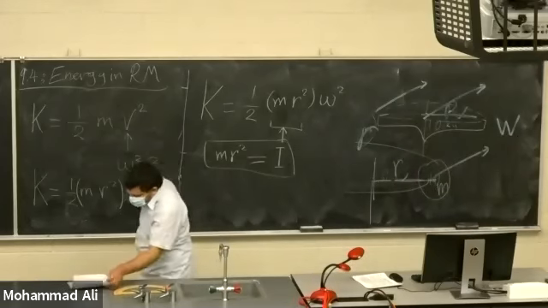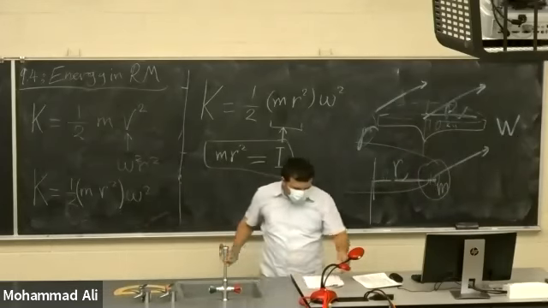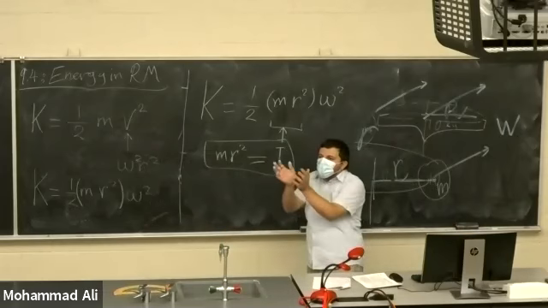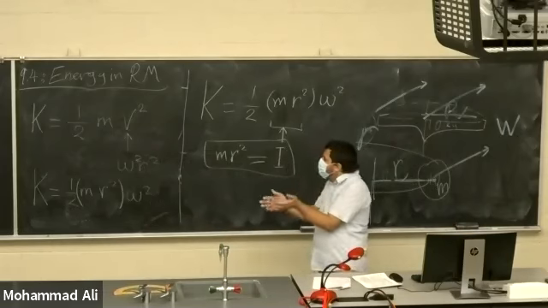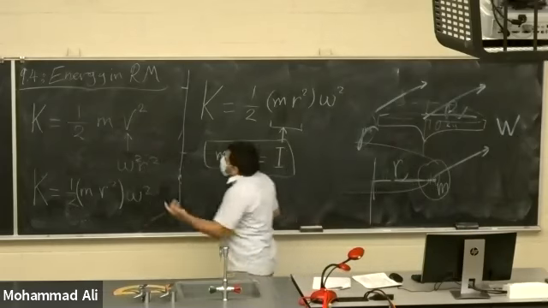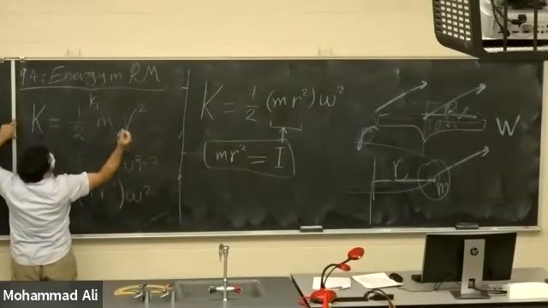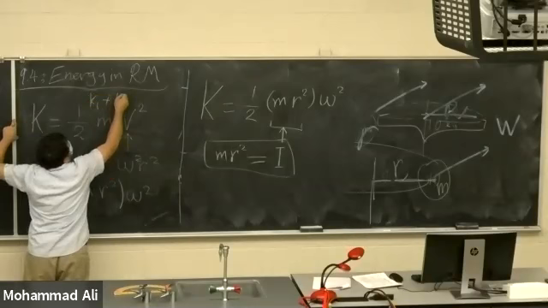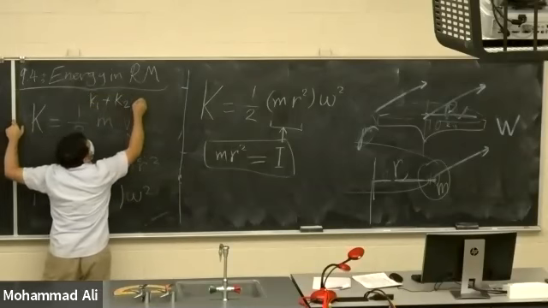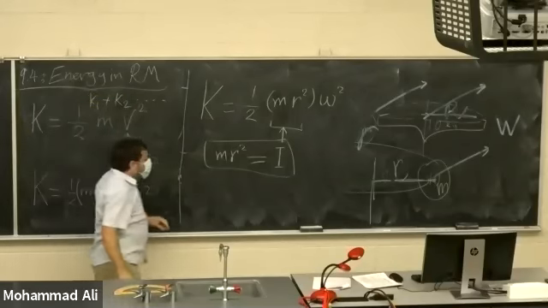Now, if we have more than one mass, from before, it is simple. The kinetic energy is equal to the kinetic energy for the first mass plus the kinetic energy for the second mass, and so on.